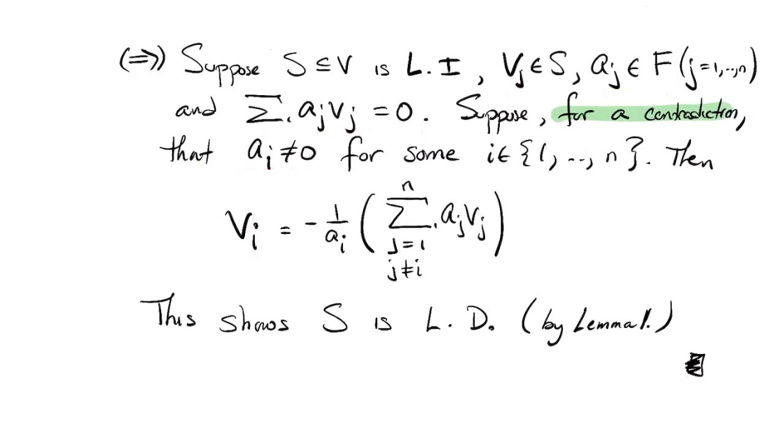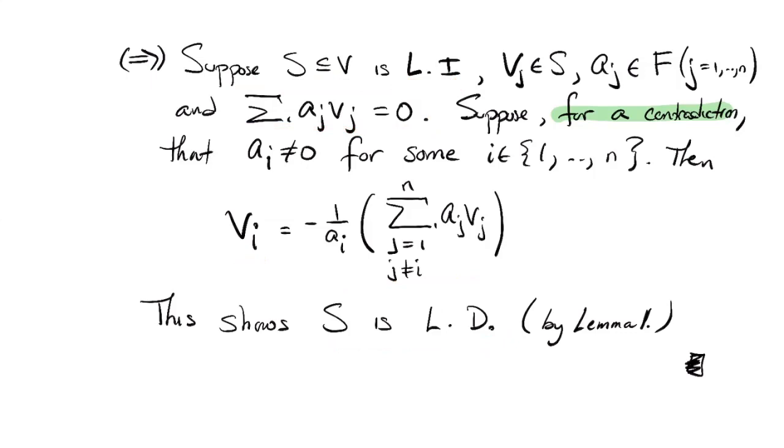And then using the same kind of algebra that I did above, if that ith coefficient isn't 0, I can solve this linear combination for the ith vector vi, the ith element of S, out of that combination. And that shows that some element of S is a linear combination of the other elements in S. But we proved above that that means that S is linearly dependent. And that's a contradiction to our assumption that it was independent.